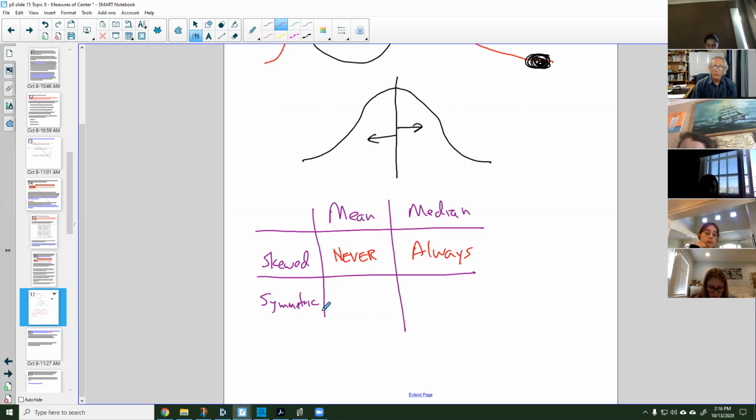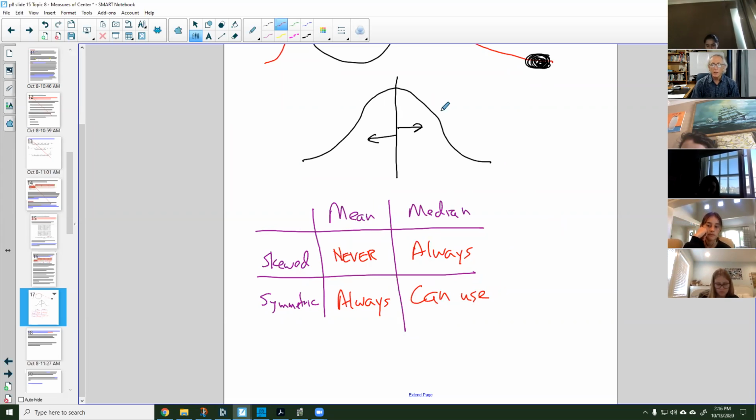If a distribution is symmetric, you always use the mean, and you can use the median. Sometimes it's nice just to have the median in there as your information, but you will find in a symmetric distribution that the median and the mean will be very close together because we have about the same number of data items on one side as we do on the other side.